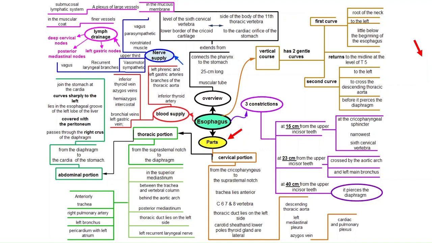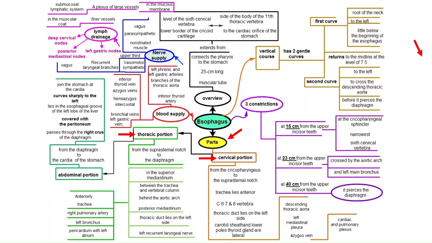And it lies in the esophageal groove of the left lobe of the liver. It makes an impression on the left lobe of the liver, and here it is covered by peritoneum. That means here it starts to have a serosa, and it passes through the right crus of the diaphragm.